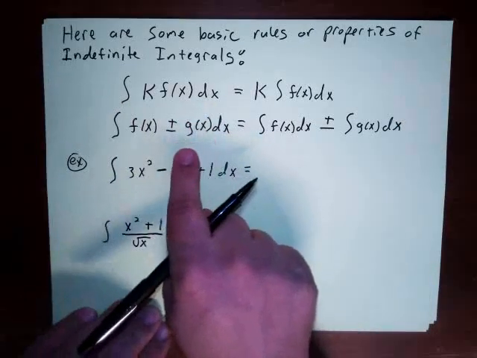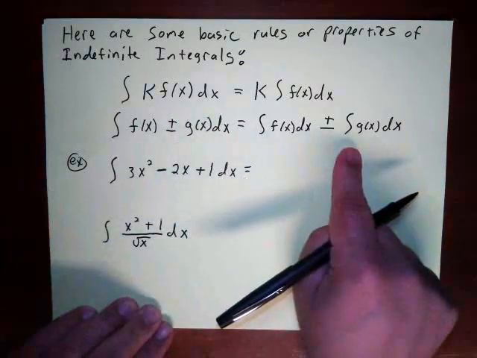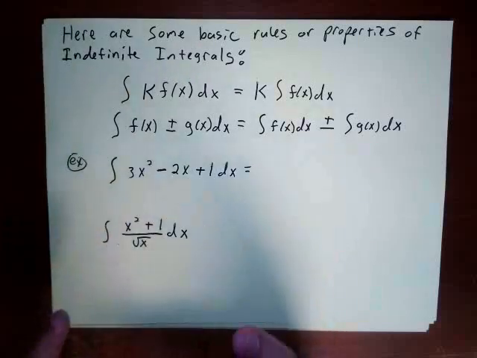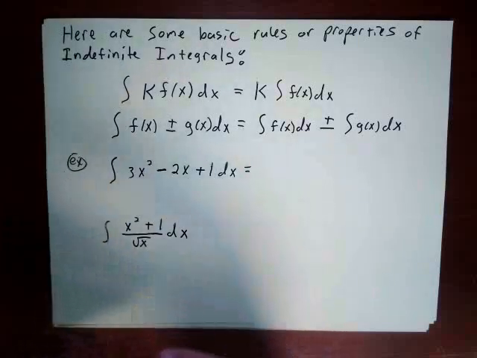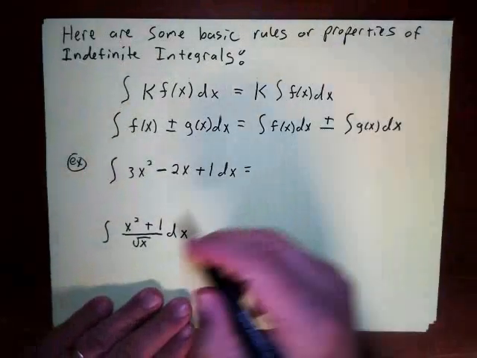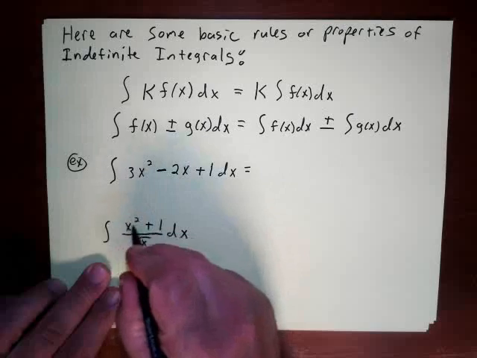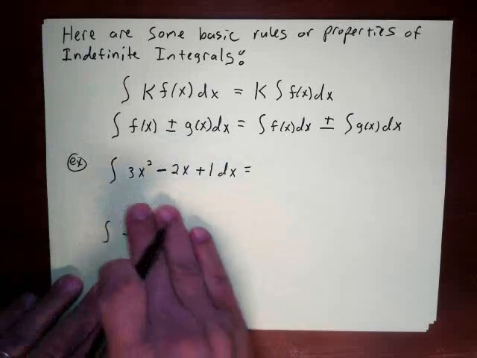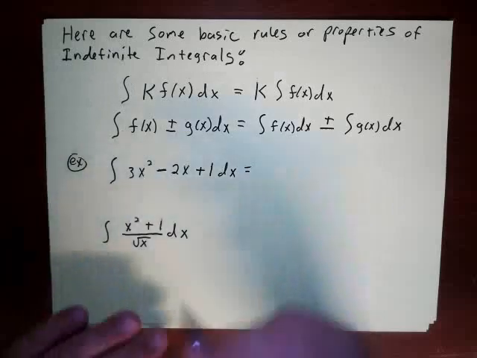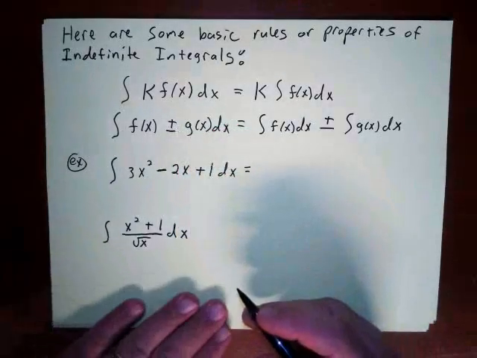You can split up an integral over a sum. Now, what you cannot do is split up an integral over a product, or a ratio, or a quotient. Like for this one, I couldn't just integrate the top and integrate the bottom. You could not do that here. And you cannot split it up over a product, just over a sum and difference.